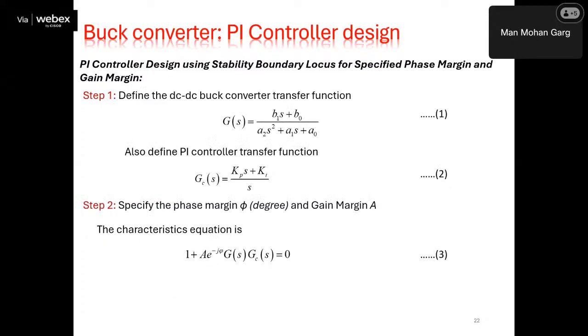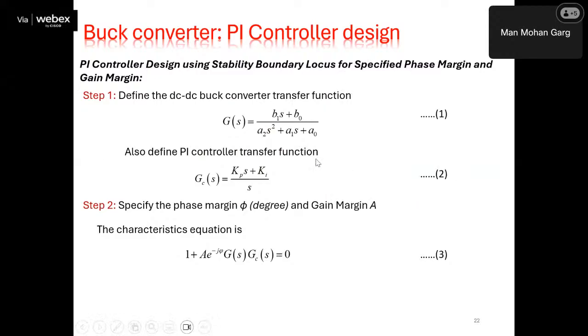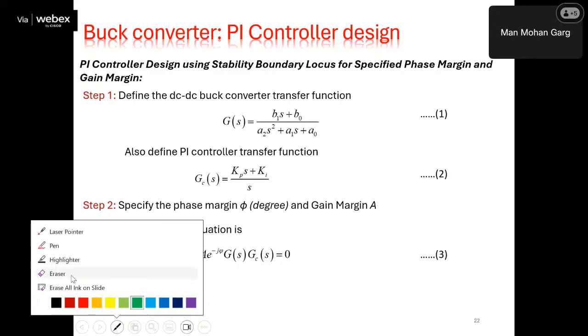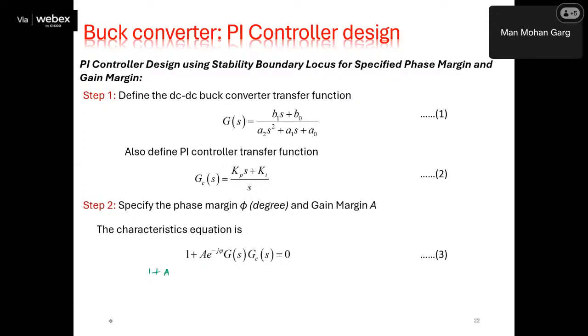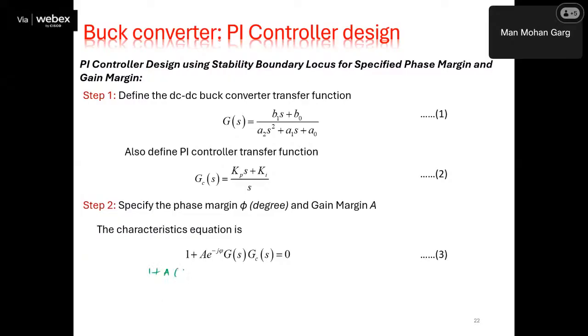In this equation, we substitute these things. So this will be 1 plus A e raised to power minus j phi, which I can write as A (cos phi minus j sin phi).